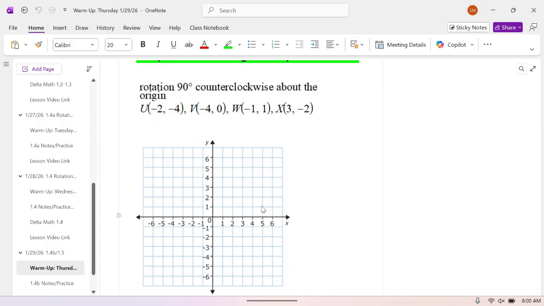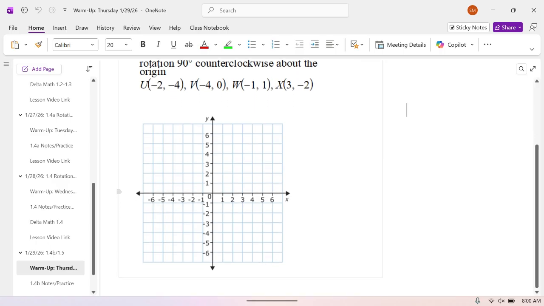Always start by plotting the original, just so you get an idea of what's going on. All right, so u is at -2, -4. There we go. So u is at -2, -4.